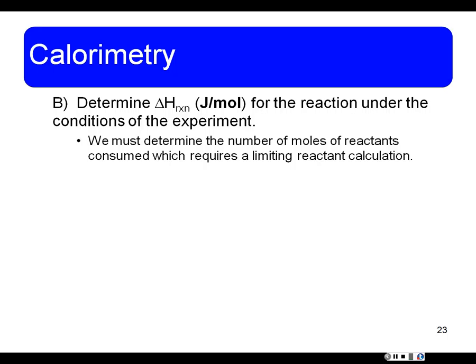So if we use molarity times milliliters, we get millimoles. If we were given grams of the two reactants, then what would we do to get to moles? Just convert from grams to moles using the periodic table, adding up the formula weights for the compounds, and there you go.